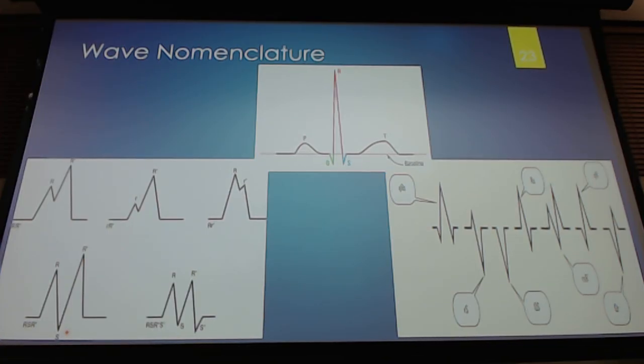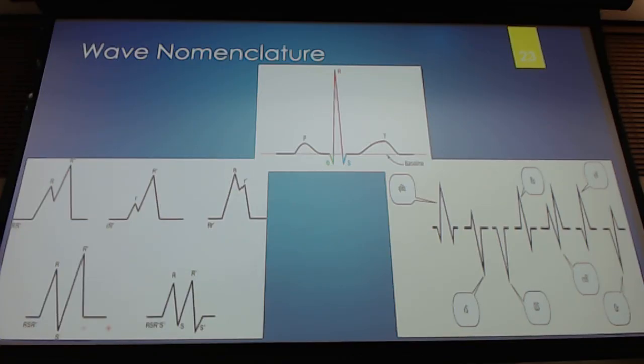And that tells us, if we just wrote that down, we know that we're starting up, we're coming all the way below the baseline, and then we're coming back up again, which is unusual. And then here, we have R, great, S, great. We come back up above the baseline again, and we go back below the baseline again. So we've got R prime, and S prime.